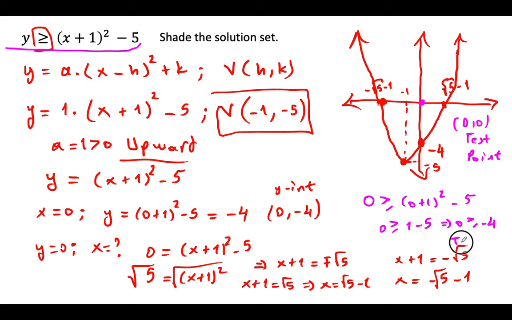Is this correct or not? Yes, that's true. It's correct. So where is 0, inside of the parabola or outside? Inside. So it is inside. Till here, all the solutions are inside of the parabola, but it could be outside of the parabola. This is just a chance, okay?